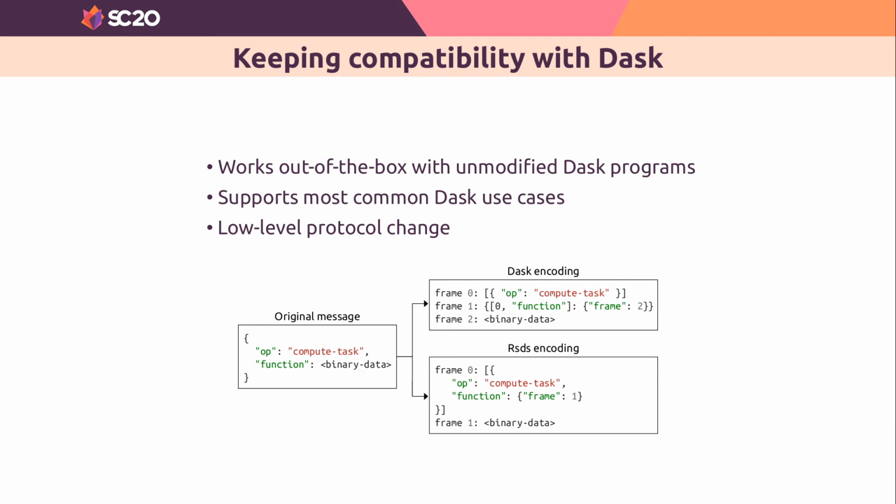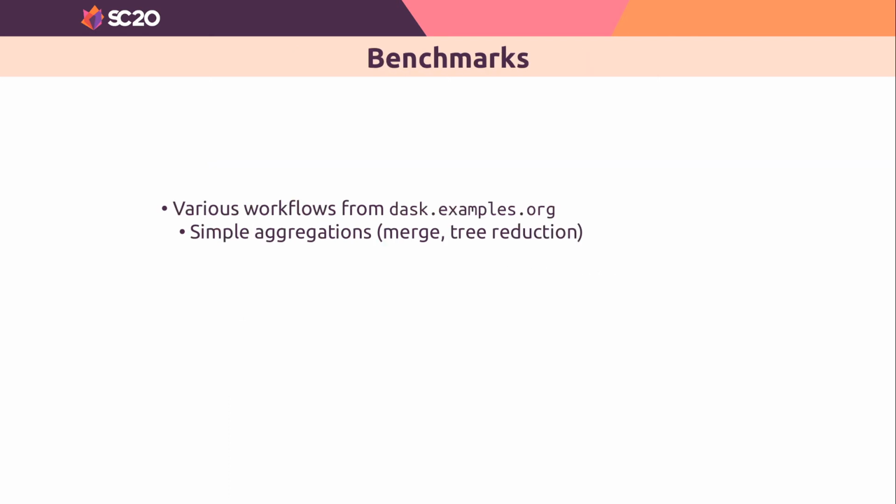To evaluate the performance of RSDS versus the Dask server, we have collected a series of benchmarks from the Dask examples repository. We use simple aggregations like merge or tree reduction. Those serve as scheduler stress tests, as they have a large number of small tasks, which put a lot of pressure onto the central server.